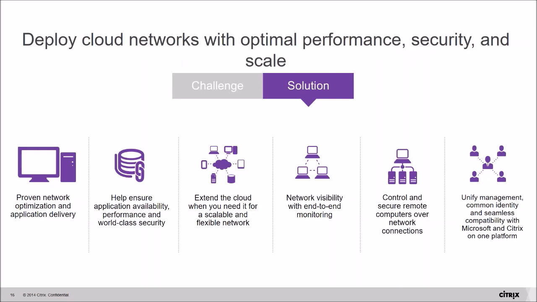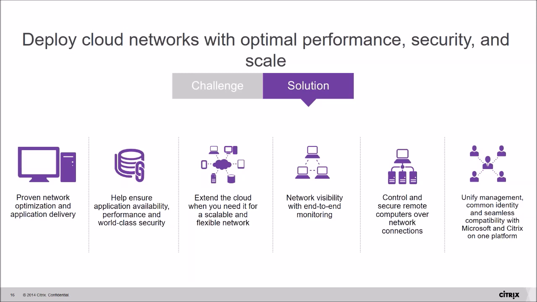NetScaler provides proven network optimization and application delivery. It helps address security and performance requirements around hybrid cloud delivery solutions. It allows you to extend the cloud when you need it for scalable and flexible working, with a range of advanced load balancing capabilities. It also introduces a range of network visibility capabilities as well. So we introduce a capability called HDX Insight that allows us to extend visibility of end user experience.